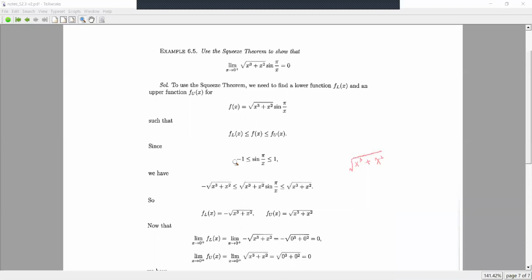So I multiply these three terms by a positive factor. Then we have this sandwich. We have these two inequalities. So this is a lower function for the function f, and this is an upper function for the function f.